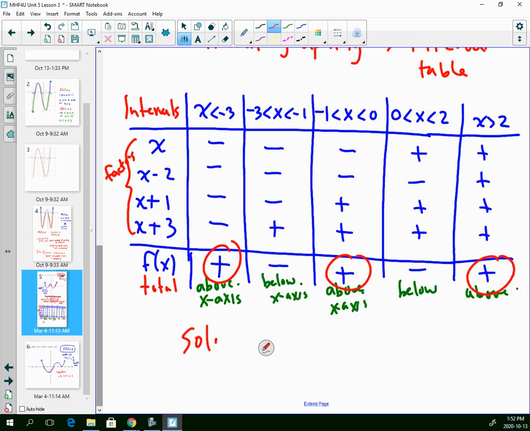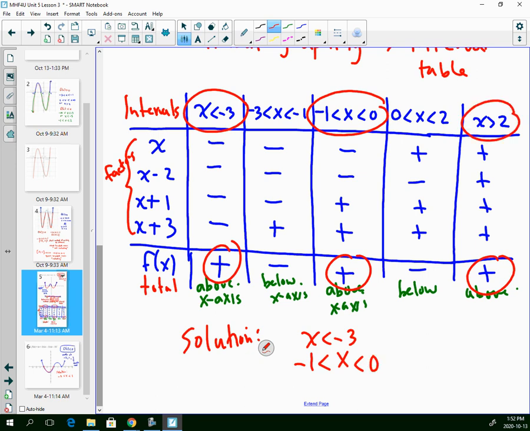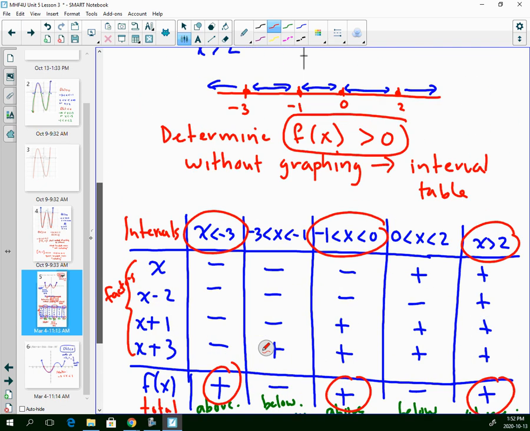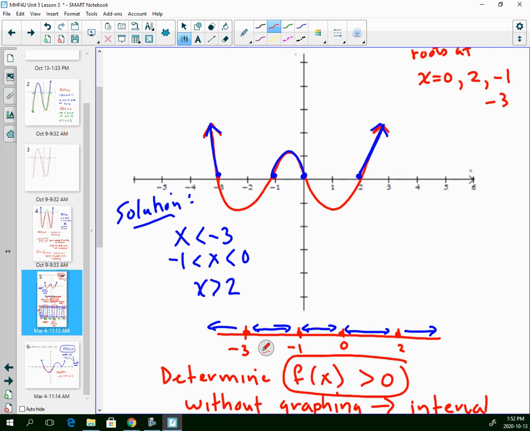So my solution will be: it's positive when x is less than -3, it's positive when x is between -1 and 0, and it's positive when x is greater than 2. And if I look at my graph that I've already done, that confirms it. When it's less than -3, I knew it was positive, when it was in between -1 and 0, and when it was greater than 2.